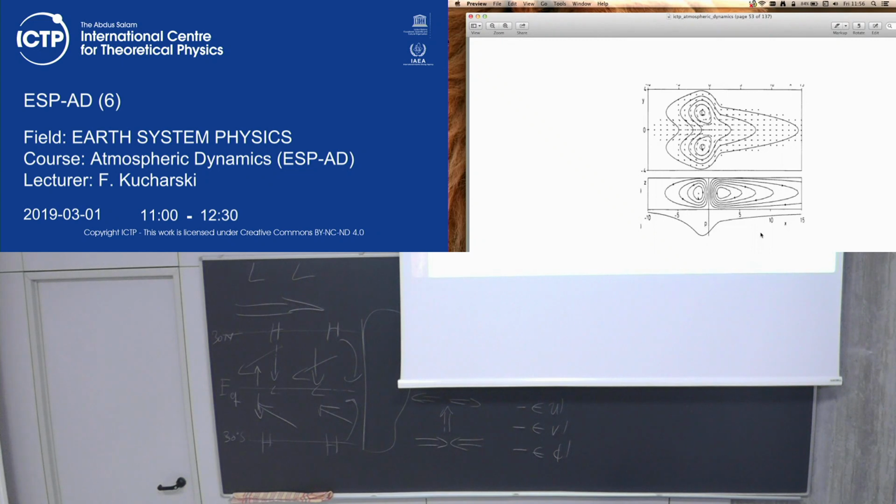In the model, Gill even assumes an infinite domain. In the real atmosphere it turns out that what can be very important is the fact that we have a finite domain in the zonal direction. So he will essentially cause some upper level divergence, but this upper level divergence at some point will be compensated by upper level convergence and actually sinking motion.